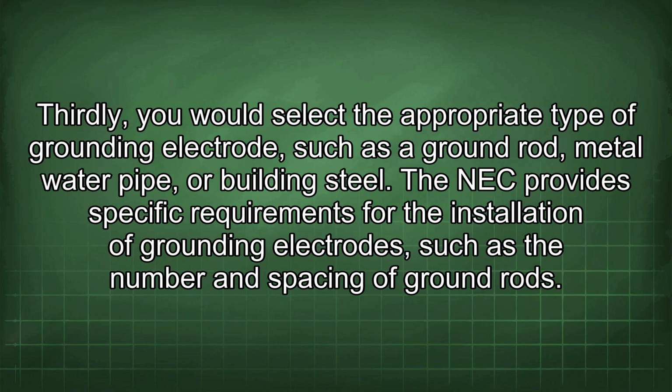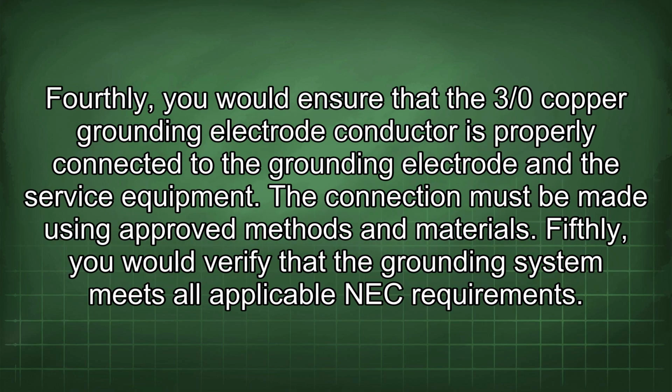Thirdly, you would select the appropriate type of grounding electrode, such as a ground rod, metal water pipe, or building steel. The NEC provides specific requirements for the installation of grounding electrodes, such as the number and spacing of ground rods. Fourthly, you would ensure that the 3/0 copper grounding electrode conductor is properly connected to the grounding electrode and the service equipment.